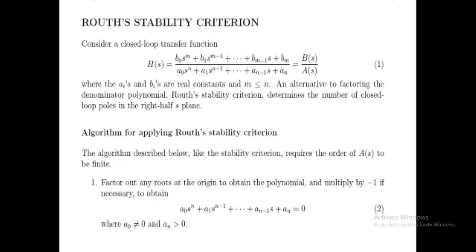See one by one. Factor out any roots at the origin to obtain the polynomial, and multiply by minus 1 if necessary, to obtain a0 into s to the power n plus a1 into s to the power n minus 1 plus so on plus a(n minus 1) into s plus a n is equal to 0, meaning we have to equate the denominator to 0 to get the poles.